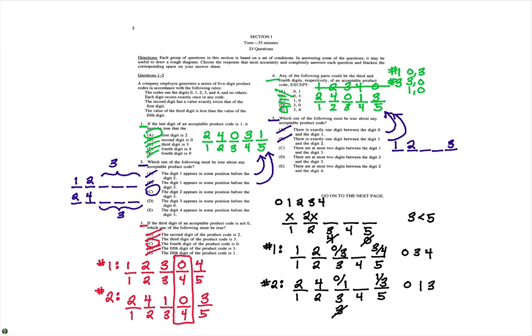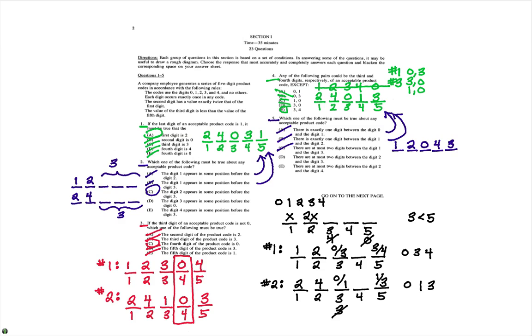Well, that would mean that 0 must come third, because that is the only digit remaining that is less than 3, putting 4 in the fourth spot, and that shows that it's possible to have more than 2 digits between the 1 and the 3. In that example, we had 3, so C does not have to be true. Again, C would be eliminated.